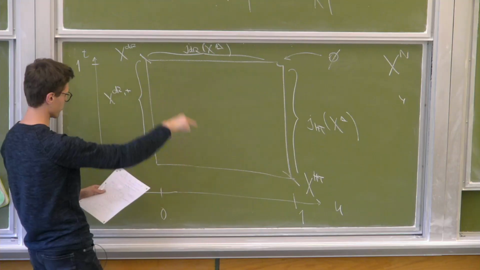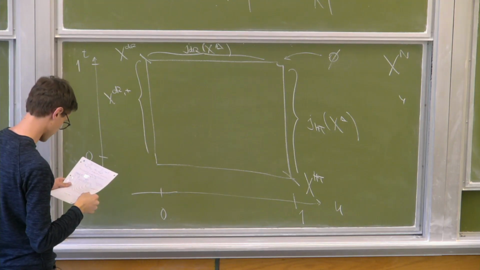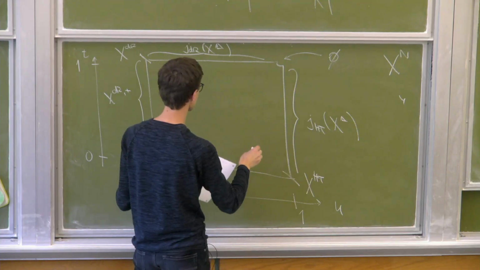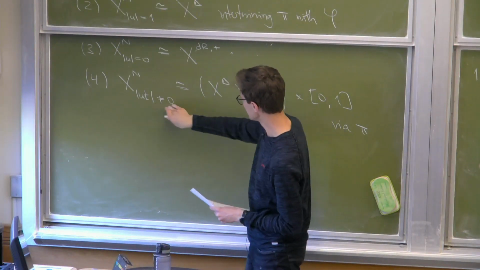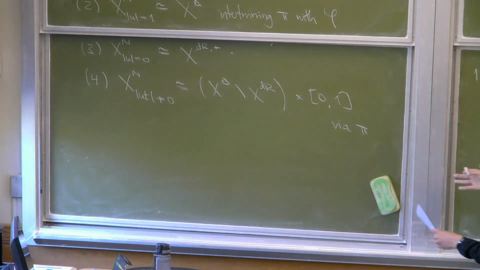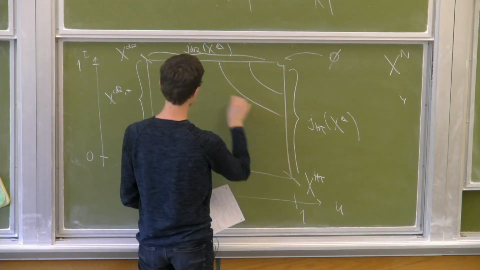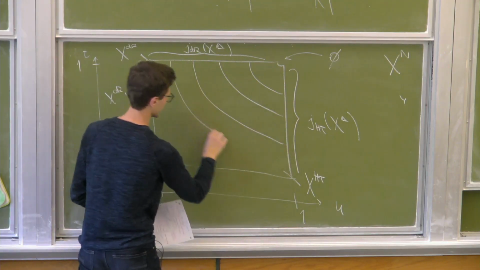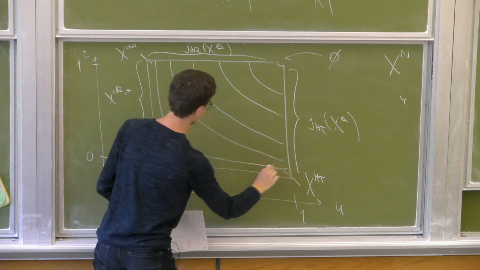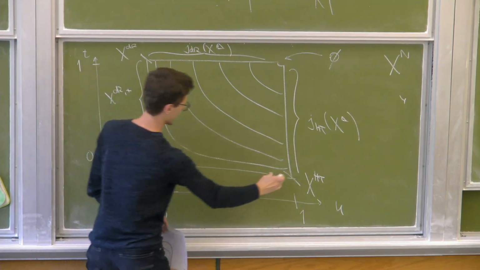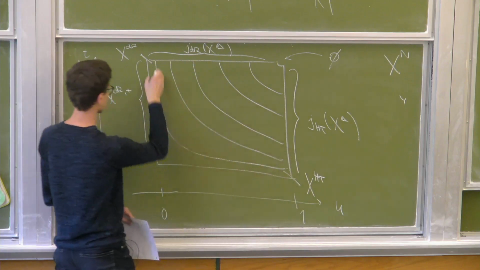And so if both of them have norm 1, then, well, this last claim that if u and t both are away from 0, then I just get the prismatization times an interval. This says that along each of these hyperbolas, there's no variation. Each hyperbola is whatever I see here times 0.